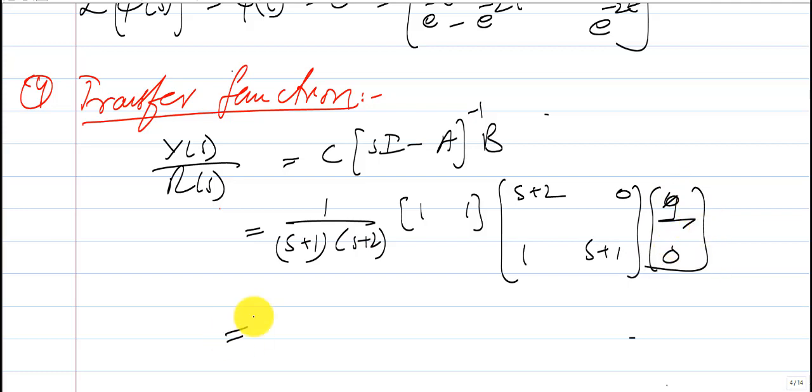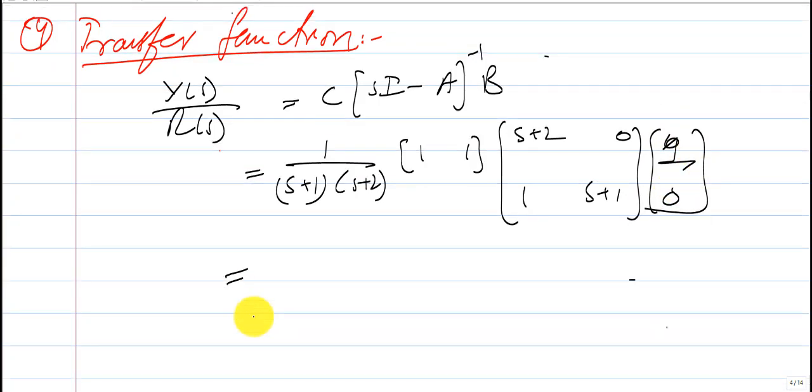So after multiplication of these matrices, we will get s plus 3 over s plus 1 into s plus 2.